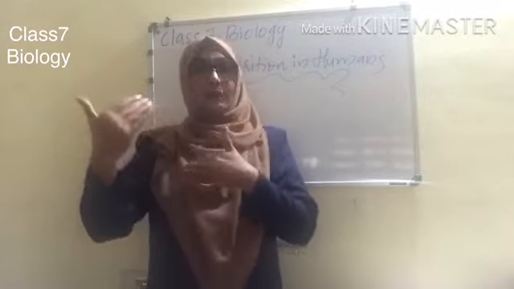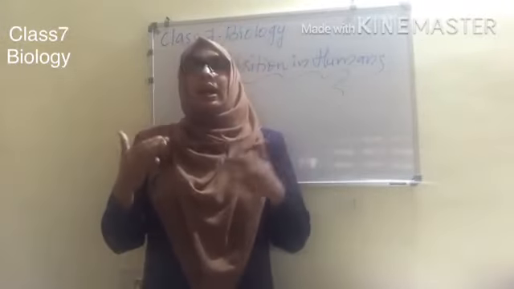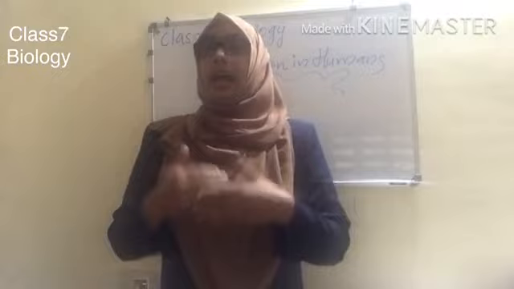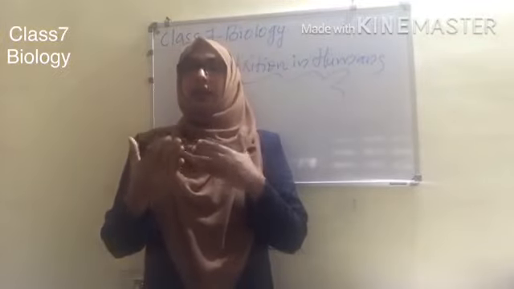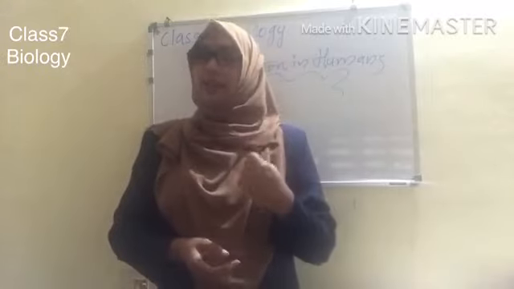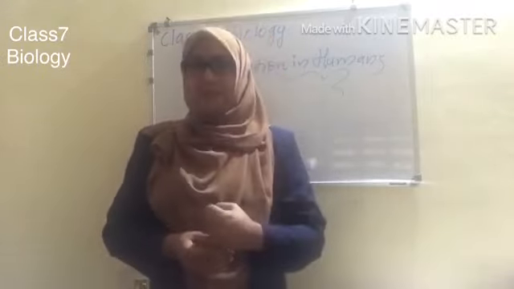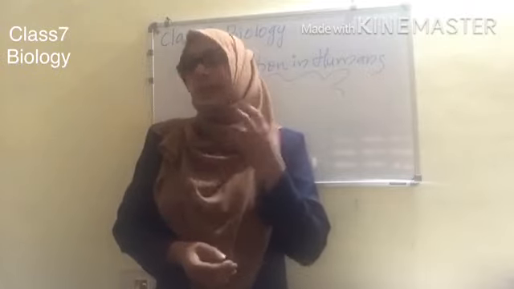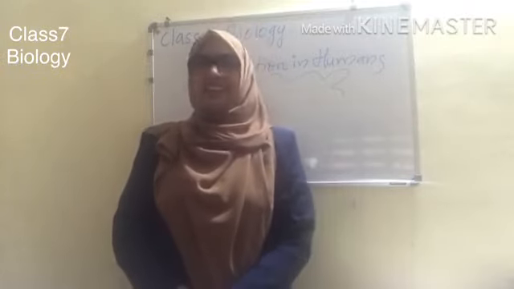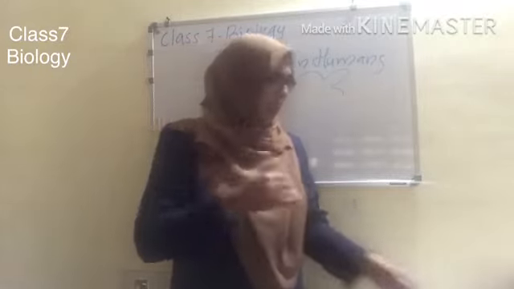There are two types of dentition, permanent teeth and temporary teeth. Temporary teeth are 20 in number and permanent teeth are 32 in number. Clear? So today we are going to the next session.